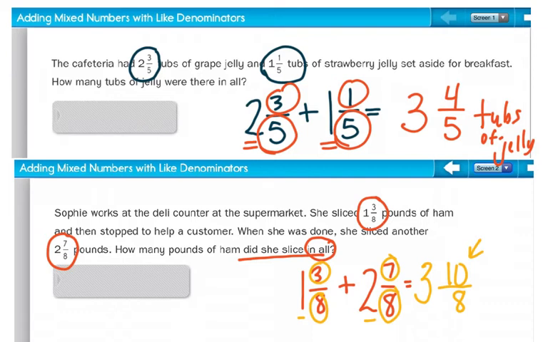Well, we don't typically leave those that way. You could in this particular case, but what I'm going to do is take 8/8 from that and equal 1 whole. So there's 4, and after I take away 8 from that, there's 2 left. So in other words, we could call that 4 2/8 pounds of ham.